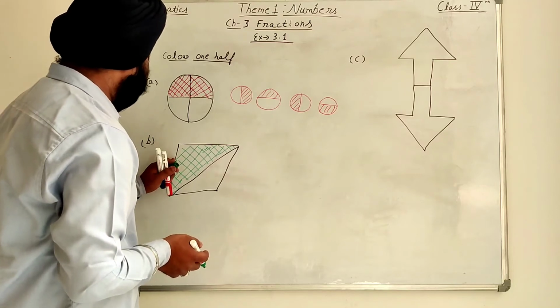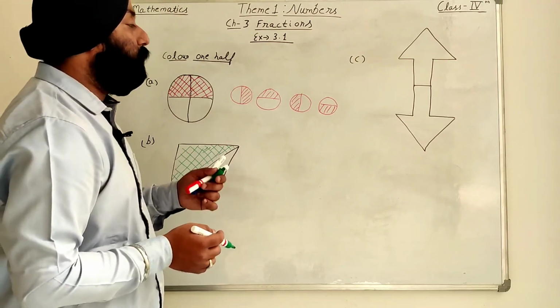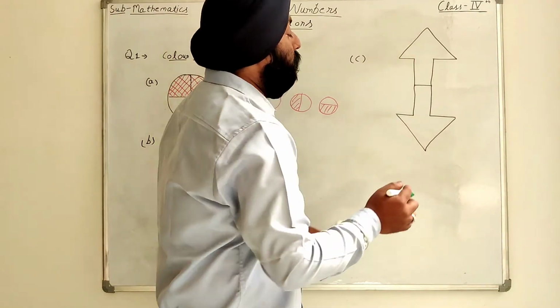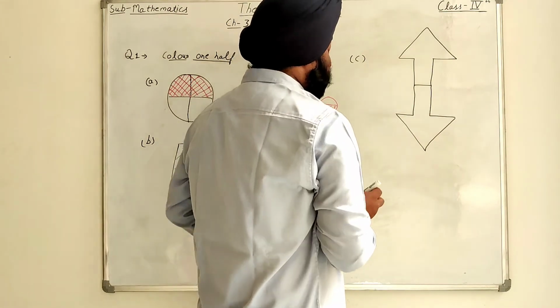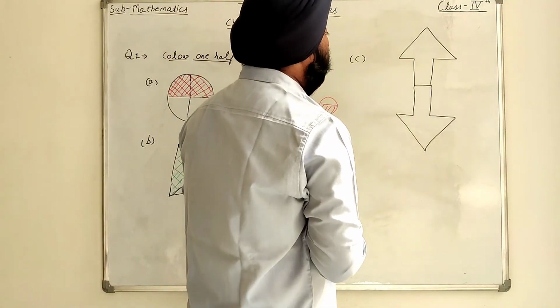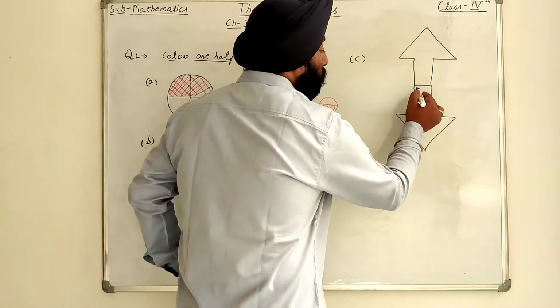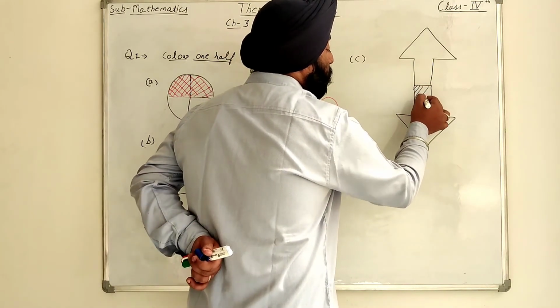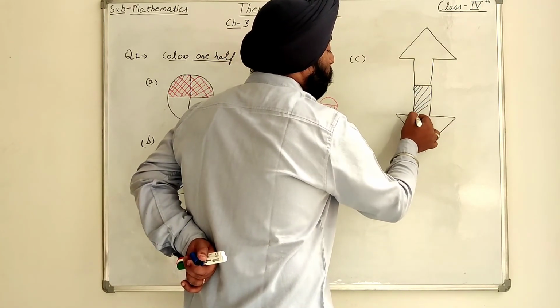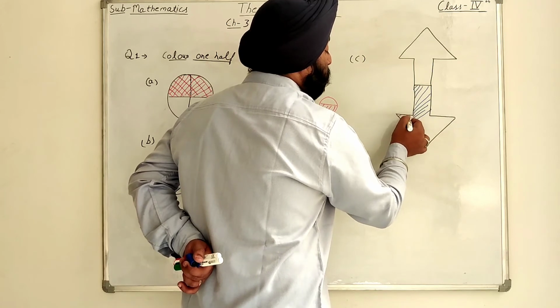Third question is, we are already divided into 2 parts. This line divides it into 2 parts. So what we have to do? We have to color the 1/2 part. This is the 1/2 part.